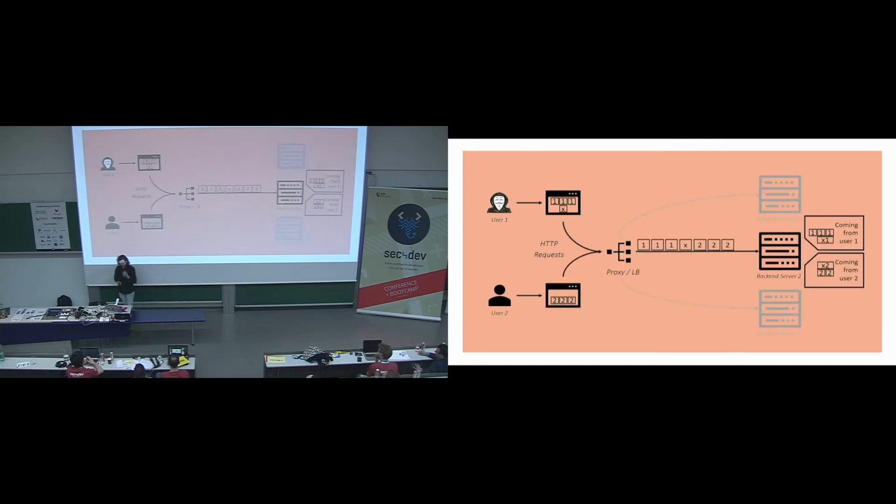And what that means is, if you look at that picture, there is the X in the middle, which is the manipulated request coming in, and the front-end server forwards the full piece to the back-end server, and the back-end server then says, well, okay, so up to the 0, it was coming from user 1, but everything else belongs to the next request. And as the next request was coming from user 2, it says it belongs to user 2.